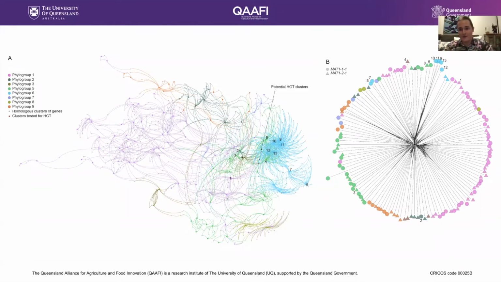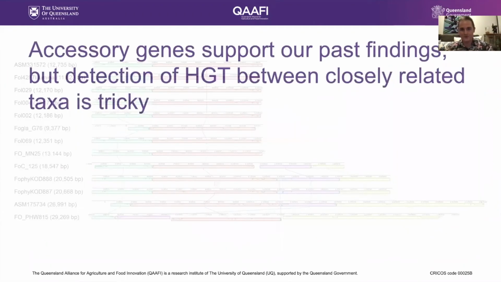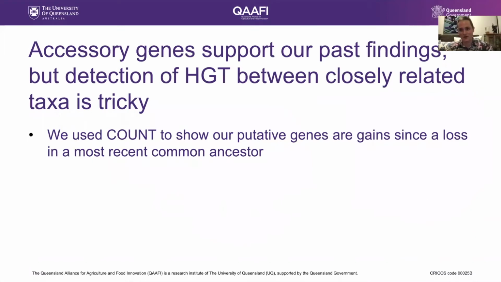So we think that those are candidates of horizontal gene transfer based on their pattern and shared nature in really unrelated phylogroups by recombination. So the next stage is to show that those clusters of genes are a true acquisition rather than a massive loss from those phylogroups.